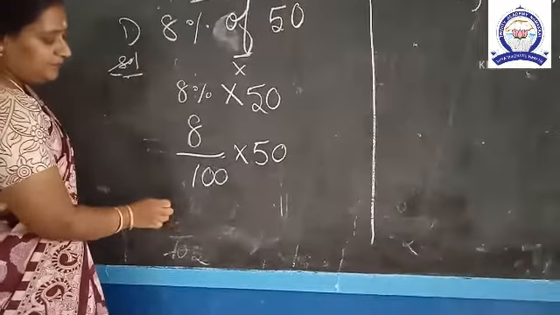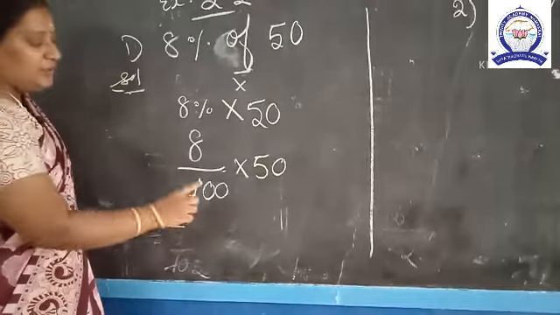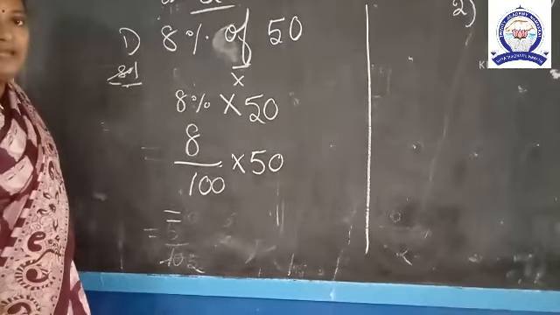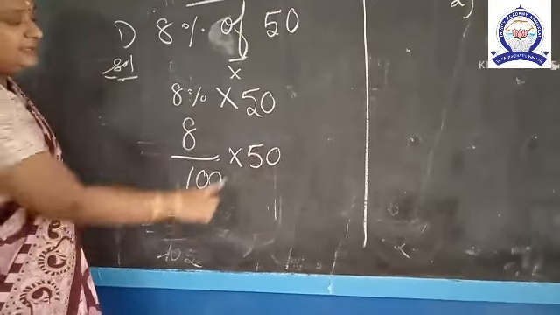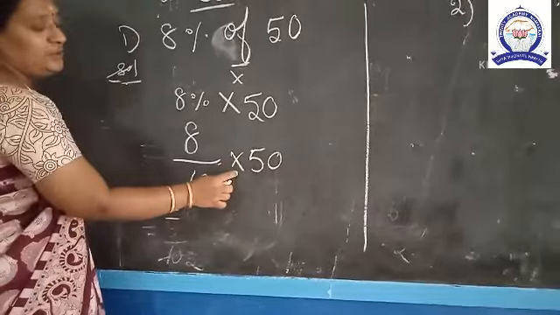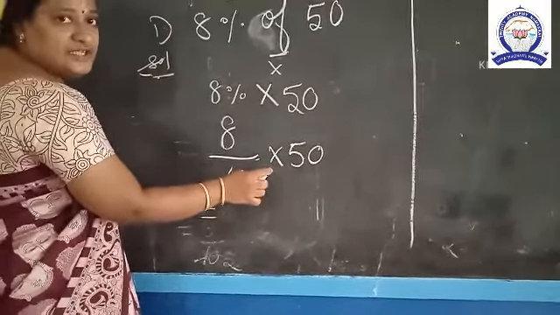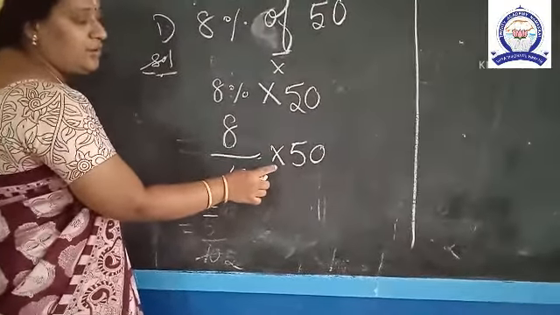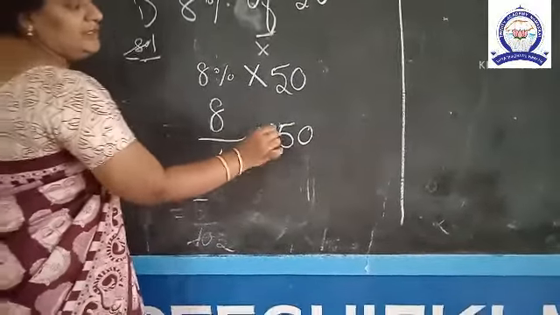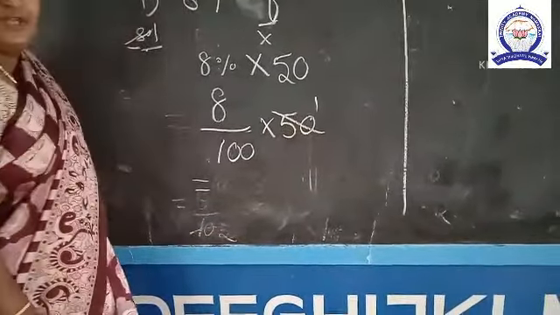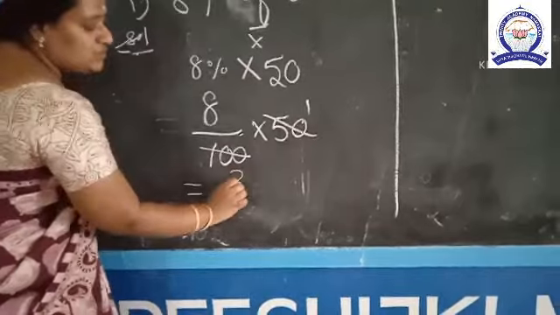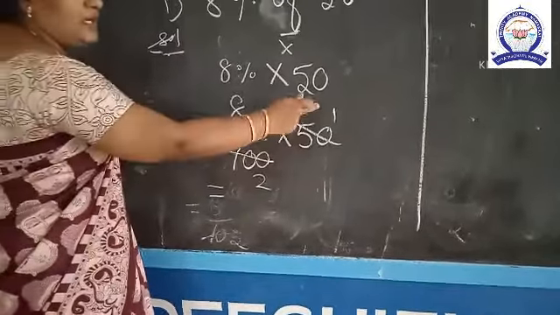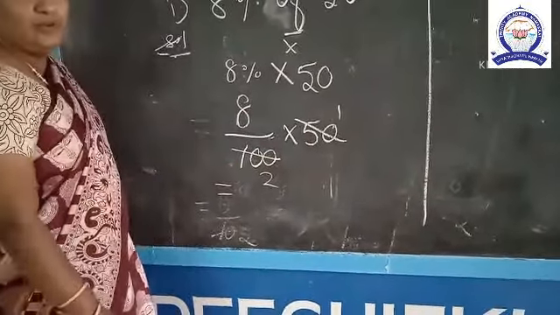Next step, that is equal to, using multiplication tables we are going to cut. இங்க நடுவுல into symbol. எந்த டேபிள்? 50 டேபிள். 50 ones are 50, 50 twos are 100. So 50 cut பண்ணி 1 time, 100 cut பண்ணி 2 time போட்டுட்டேன்.